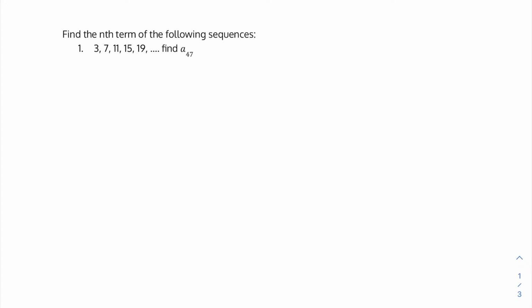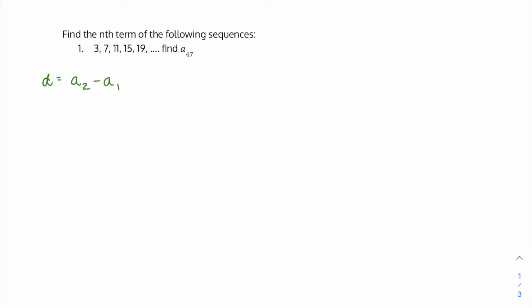But remember, our common difference has to be equal. The amount we are adding, that common difference, has to stay constant for this to be an arithmetic sequence. So a way that I can check if it's arithmetic is to find that common difference. If I know that it's arithmetic, the common difference is A2 minus A1.